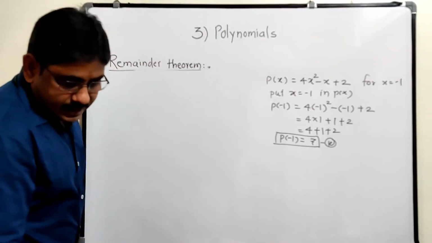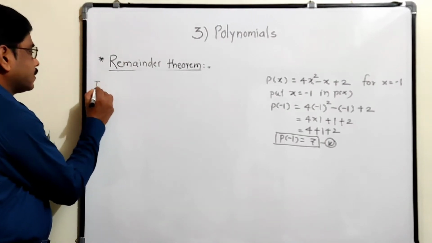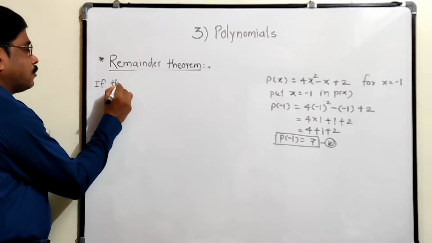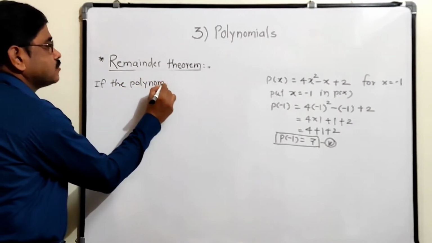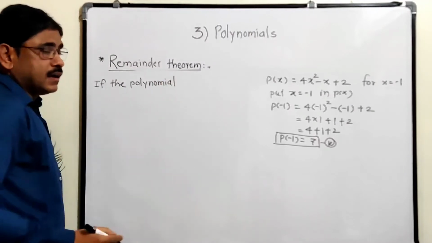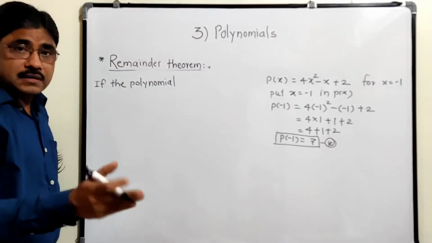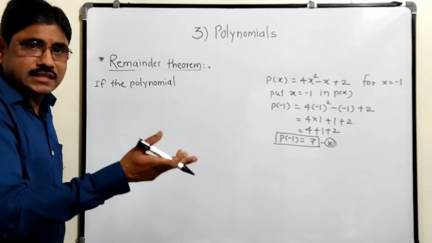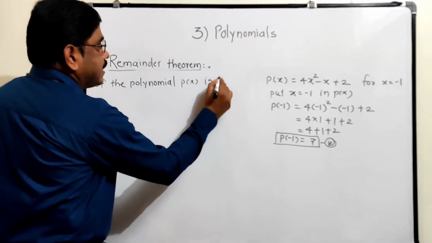So what is the remainder theorem? We can write the statement: if the polynomial p(x) is divided by x plus a, using this remainder theorem, directly you get the remainder without dividing, whether by actual division or synthetic division.